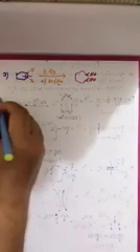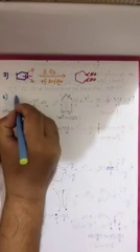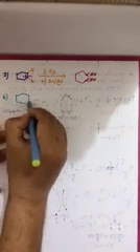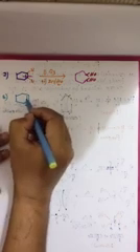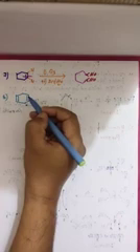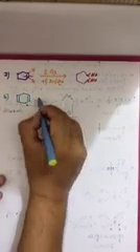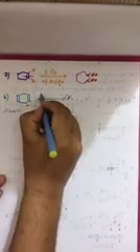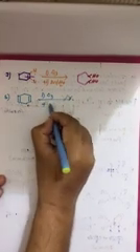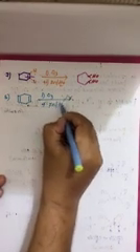Go for one more I am giving here. This time a cyclic ring with 2 double bonds I am giving. Clear? In the presence of ozone, and the next one zinc with water.